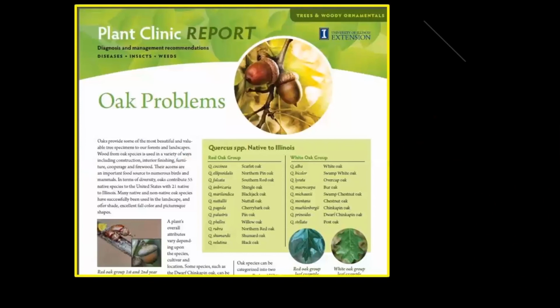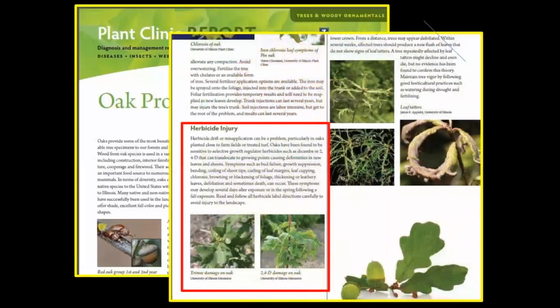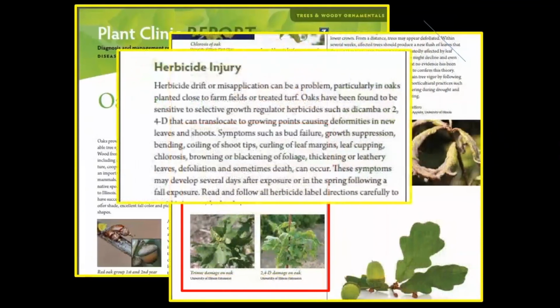The descriptions are basically an integration of symptoms described from a variety of sources. One of the prime sources that we used was the Plant Clinic report for oak problems. And that has a specific section on herbicide injury, and in that section are described the various symptoms that one might expect with herbicide injury.